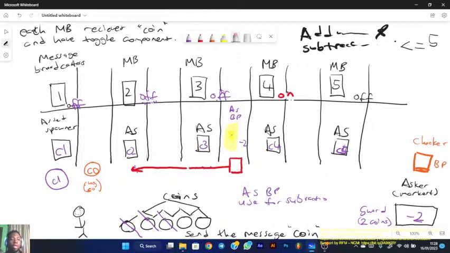So the player had 3 coins, they bought a sword worth 2 coins, so it sent the message -2.